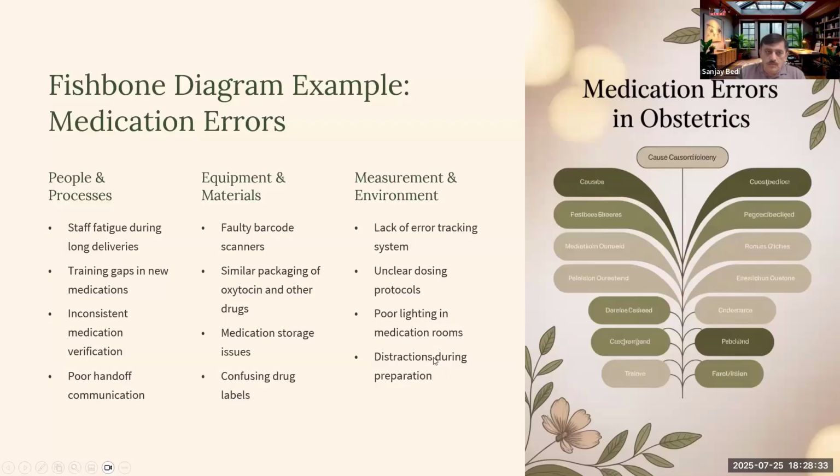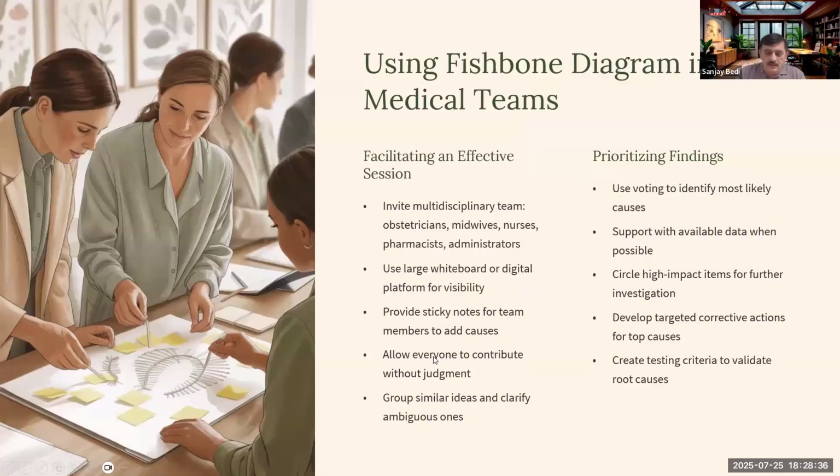When we create a fishbone diagram, it is important to invite a multidisciplinary team: the obstetricians, the nurses, the pharmacists, the administrators, and use a large whiteboard or digital platform for visibility. You can also use sticky notes for team members and allow everyone to contribute without judgment.